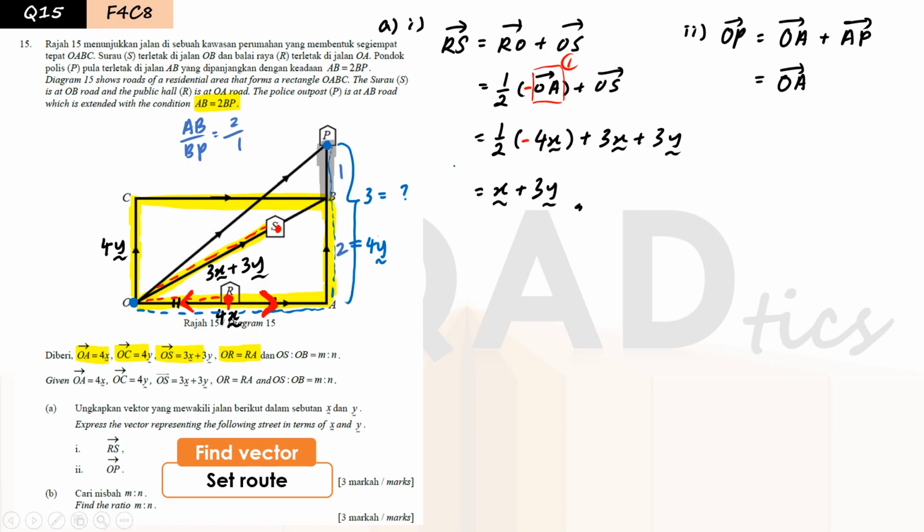To find 3 parts is very simple. We are going to divide 4y by 2, and then I can find out the vector for one part, which is 4 divided by 2, 2y. Then to find 3 parts, I just multiply with 3. It will be 6y.